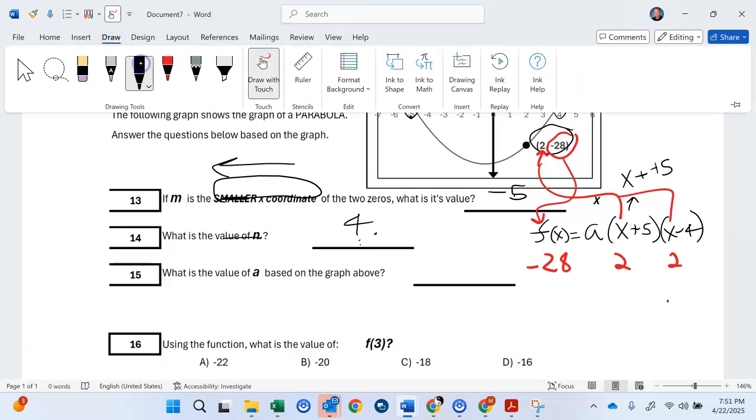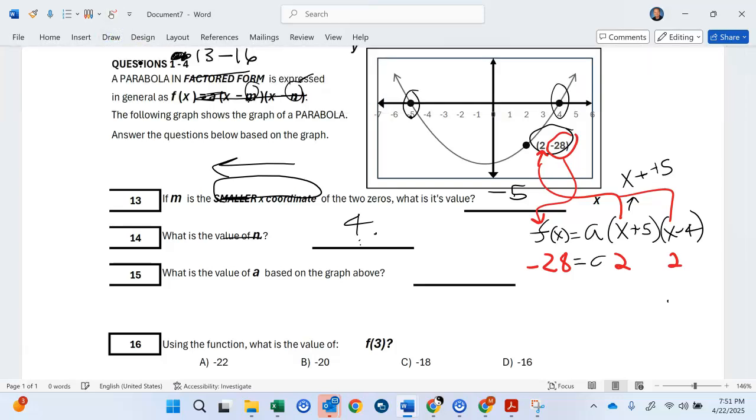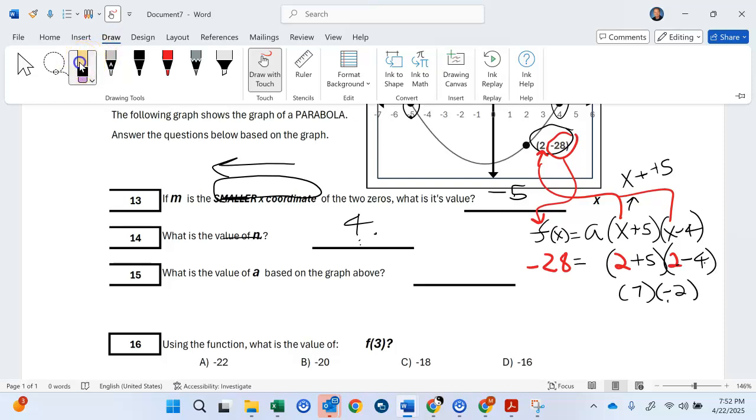And it's going to equal a times 2 plus 5, and then 2 minus 4, okay? So 2 plus 5 is 7, 2 minus 4 is -2, and then this is still a, not a 9. It looks like a 9, so I just want to make sure that that's very clear, okay?